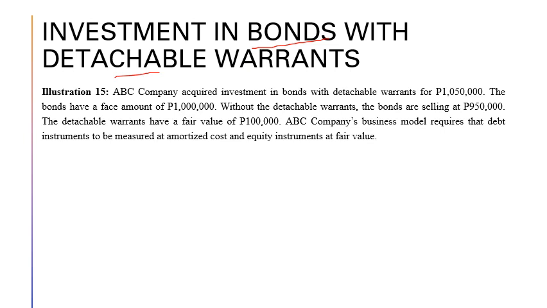So, ano mangyayari pag may detachable warrant? So, if there is a bond investment with detachable warrants, there are two instruments, yung bonds at saka yung warrants. Okay? So, the bonds are the debt instruments while the detachable warrants are equity instruments.